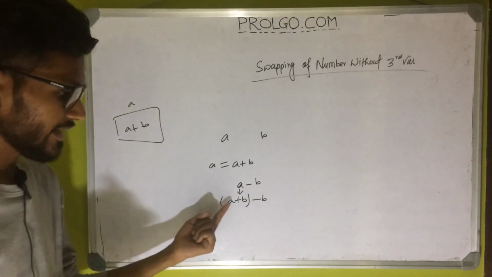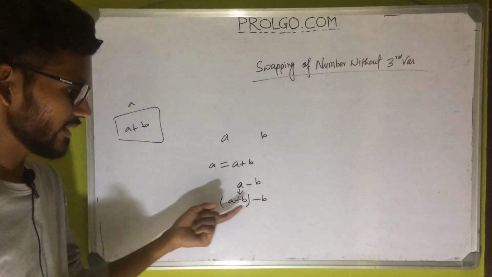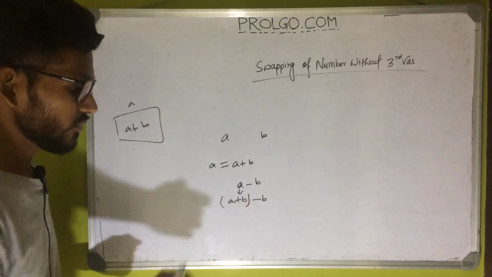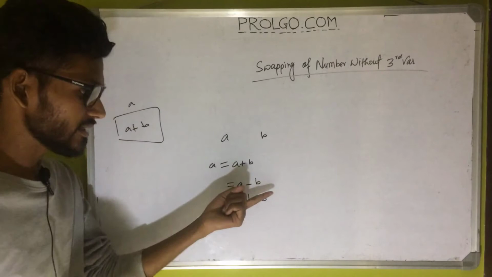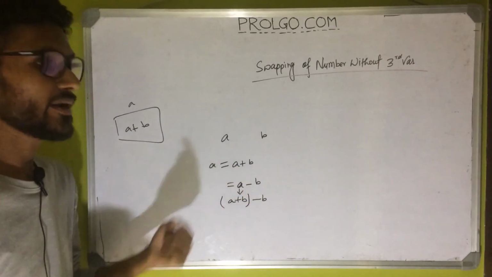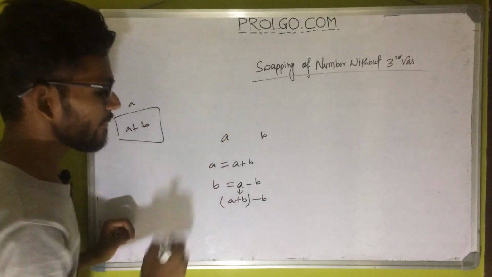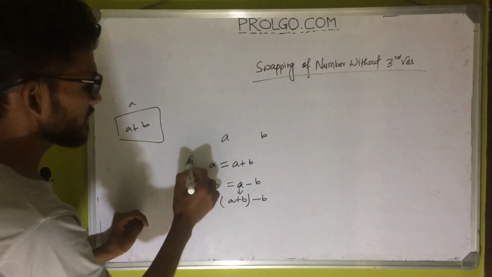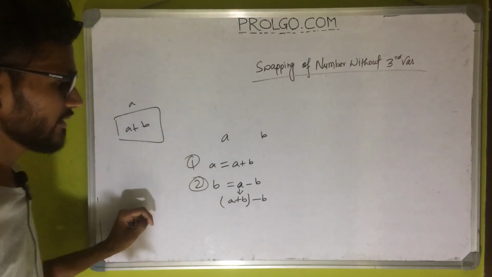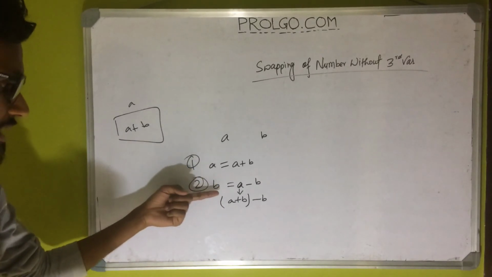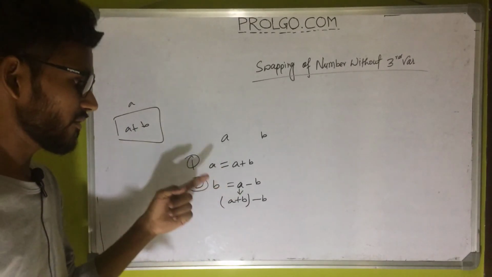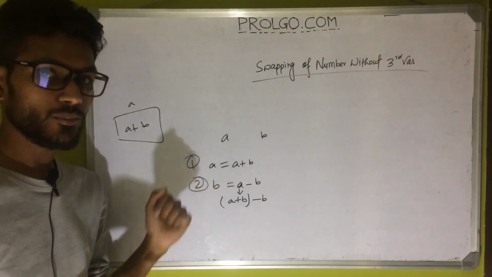So a plus b minus b gives us a. By using this statement we are getting a, so we will put this value inside b. This is the first line, this is the second line. After executing this statement, the value of a has been assigned to b.